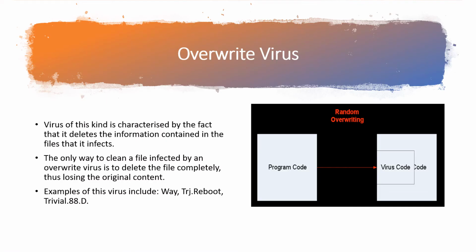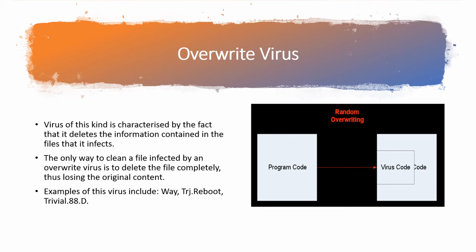So next is overwrite virus. In general, overwrite is a term used to describe when new information replaces old information or data. For example, in a text editor or Word, if a text was highlighted or selected, then you press A on the keyboard, all highlighted text would be replaced with the letter A. So here, an overwrite virus is a computer virus that overwrites a file with its own code.